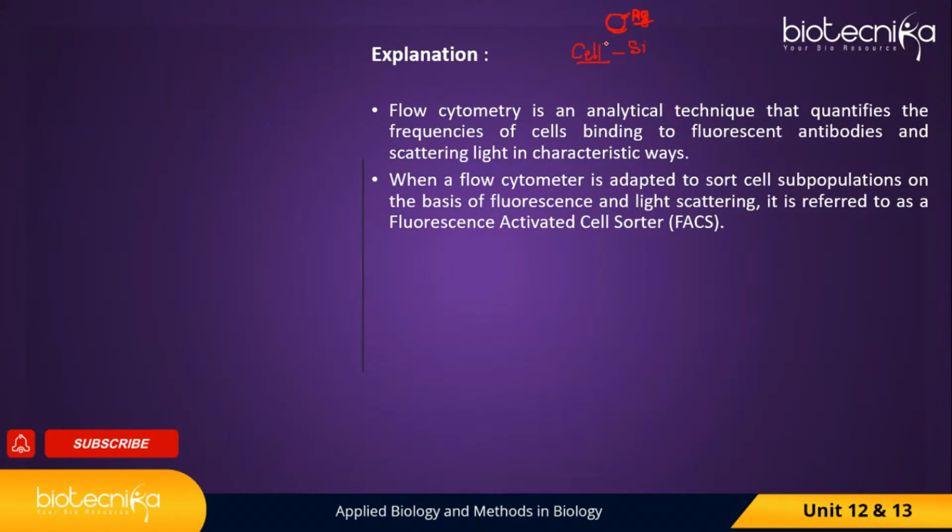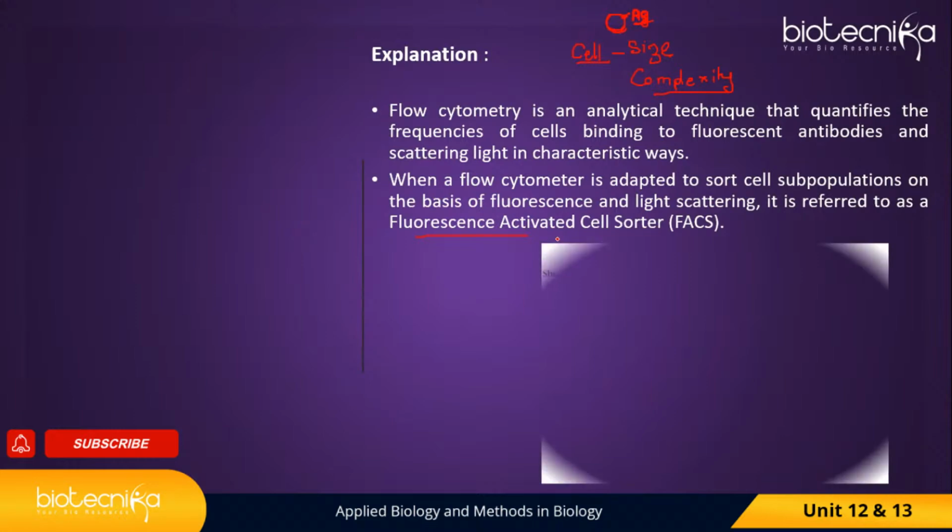Using flow cytometry, you can analyze multiple parameters like size and complexity, or I should say granularity. And there is an advancement in the flow cytometry technique, which is called fluorescence activated cell sorting.